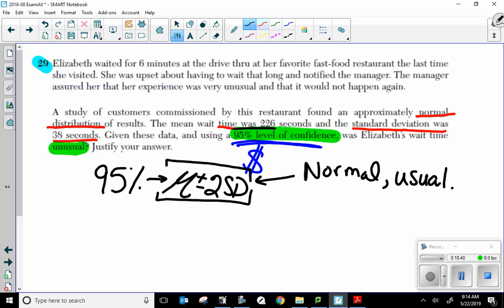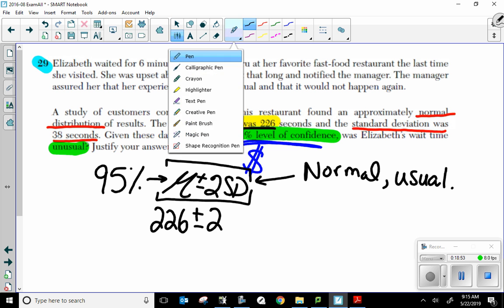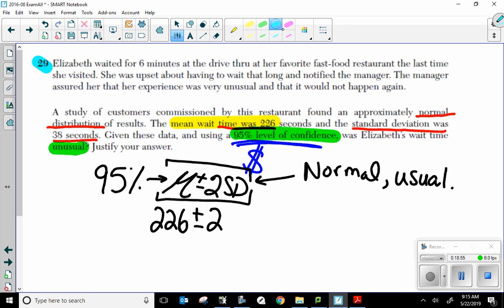Well, they give us the mean is 226 seconds, plus and minus 2 times the standard deviation, and the standard deviation is 38 seconds. So I need to put this in the calculator.